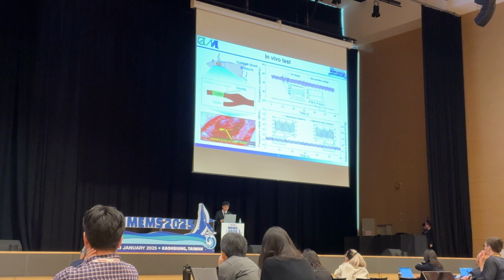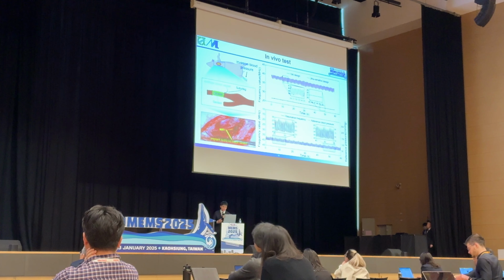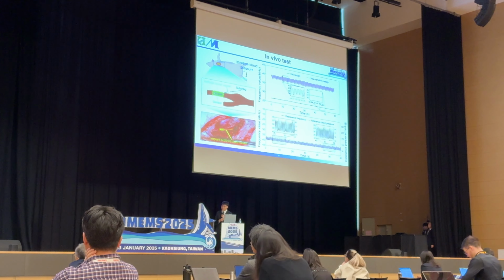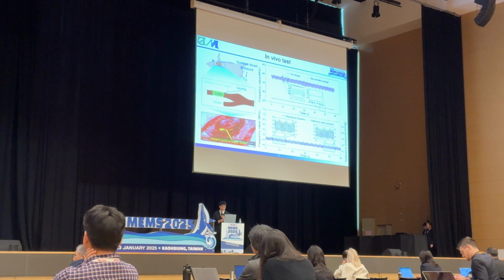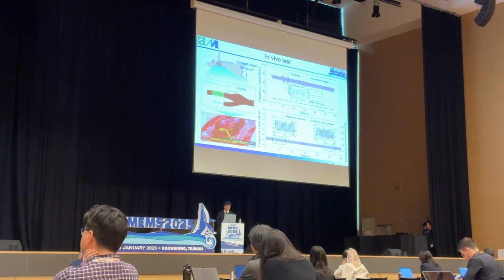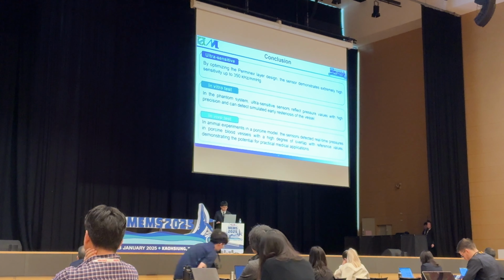And then we also compare the sensor's frequency value with the reference blood pressure value. We can see the high overlap of these two data, which indicates that our sensor's frequency change is actually from the blood pressure change. So all of these experiments show the potential of our sensor for practical applications.